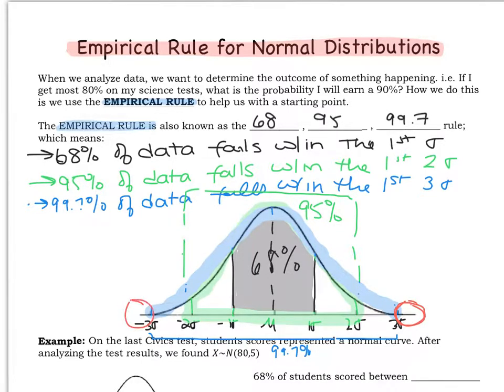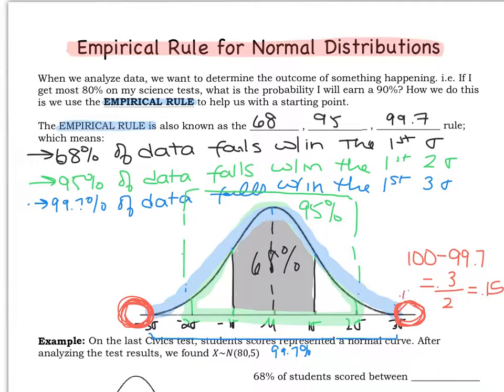Notice that's not 100%, but that's very close, because there is still some probability of getting into those wings. So how do I find the probability of what's left over? Well, 100 minus 99.7 equals 0.3. So this wing plus this wing make 0.3% of your data. To find each wing, I do 0.3 divided by 2, which is 0.15.